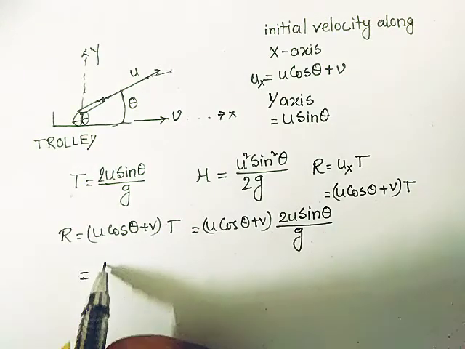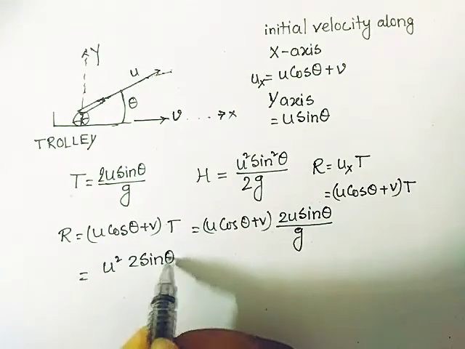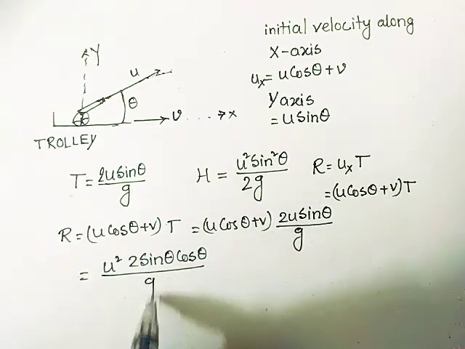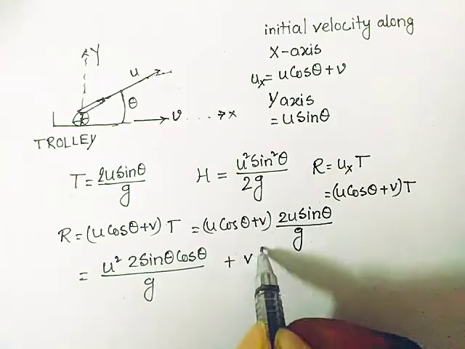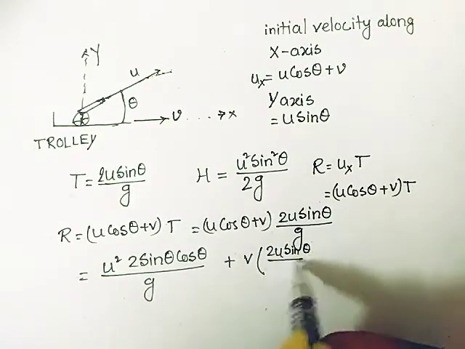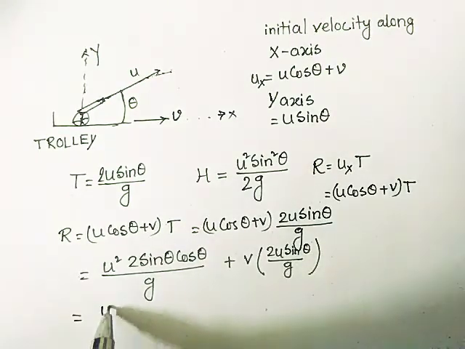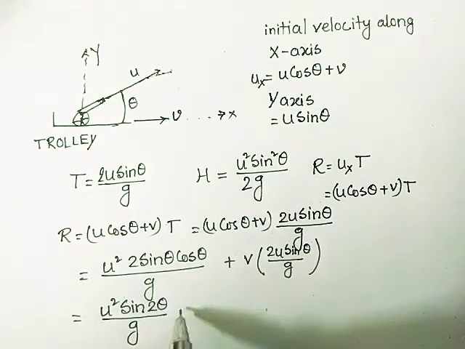So from here it is u square 2 sin theta cos theta divided by g, plus v into 2u sin theta divided by g. So it is u square sin 2 theta divided by g plus v into capital T.